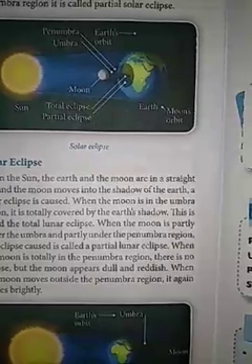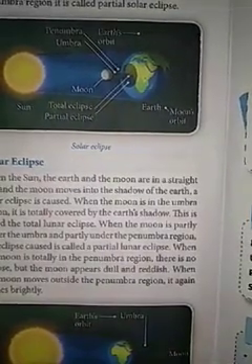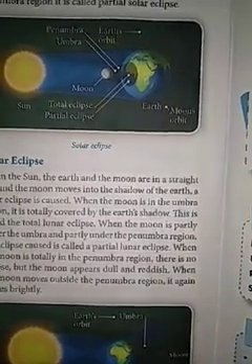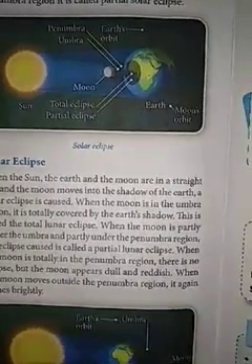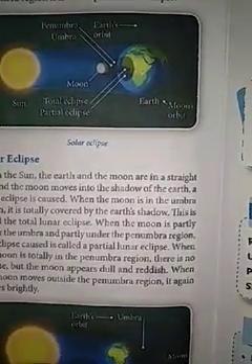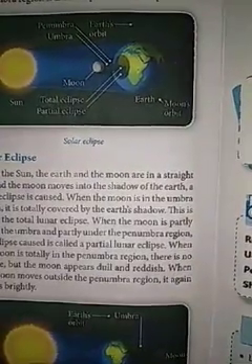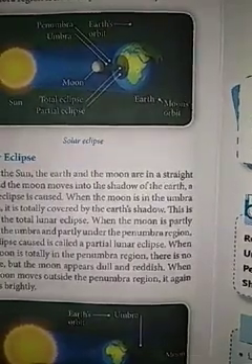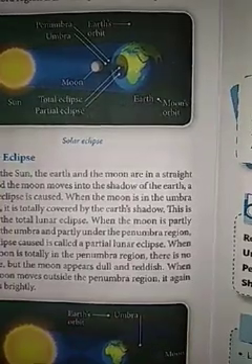The people living in that part of the Earth which falls in the penumbra region of the shadow of the Moon witness a partial solar eclipse. This is because in this region the light coming from the Sun is only partially blocked by the Moon. When the light rays coming from the Sun are completely blocked by the Moon, it forms a total solar eclipse.